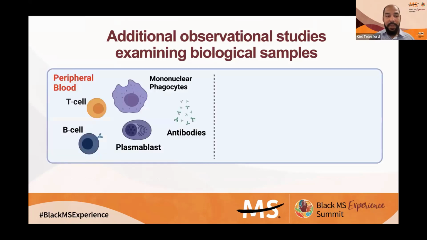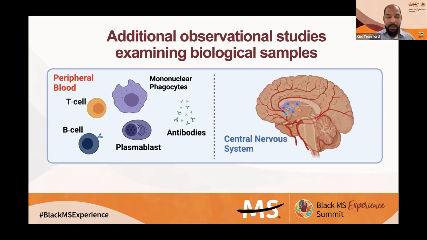For instance, we know that white blood cells of the immune system play an important role in driving the disease processes behind MS. These are pictures of different types of white blood cells that circulate in your bloodstream and within your tissues, that usually survey your body for pathogens such as viruses and bacteria. And in the case of MS, these white blood cells traffic from the blood into the central nervous system, where they may elicit damage, such as lesions and atrophy of the CNS tissue.